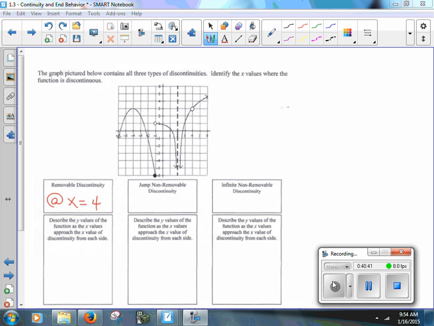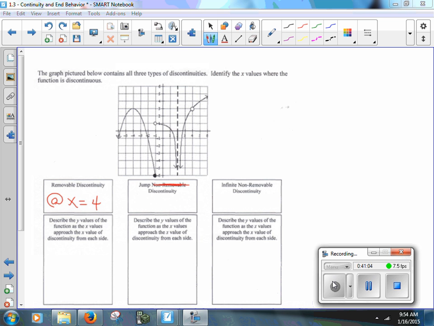How about jump discontinuity? The non-removable. Just put jump. Where does it have jump discontinuity? -1. I don't think Y. I gotta think X values.